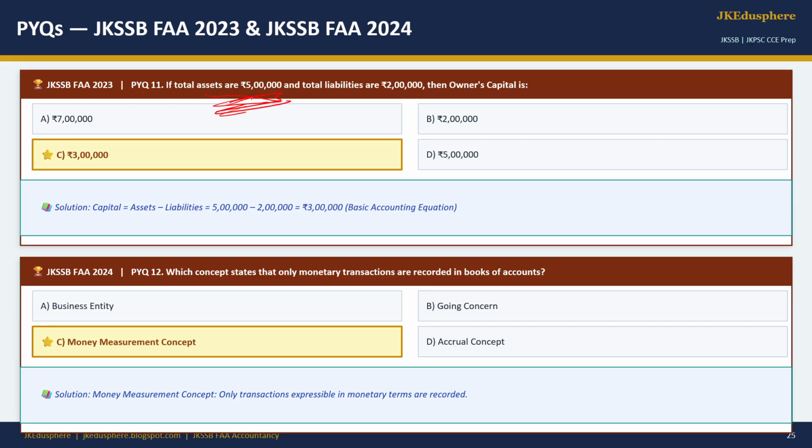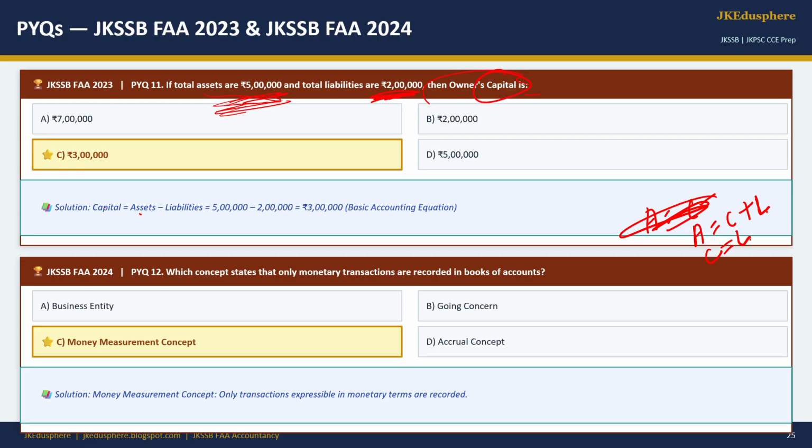This is also a PYQ that we can do. If assets are 5 lakh and liability is 2 lakh, then the owner's capital will be, as we have seen, the equation: asset is equal to capital plus liabilities.